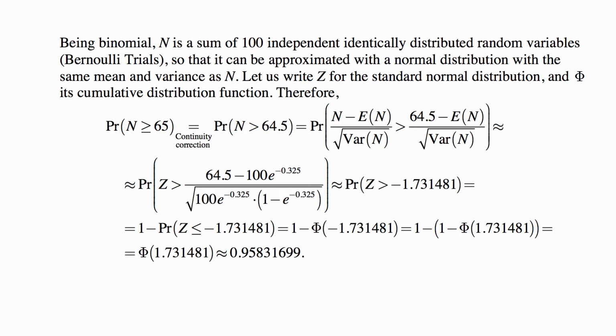The whole central limit theorem application that we use all the time is that if you have a sum of independent, identically distributed random variables, then for a large number of those variables, you can approximate that sum with a normal distribution which has the same mean and variance as that sum.